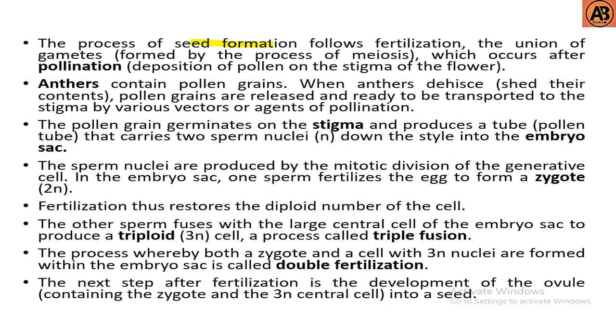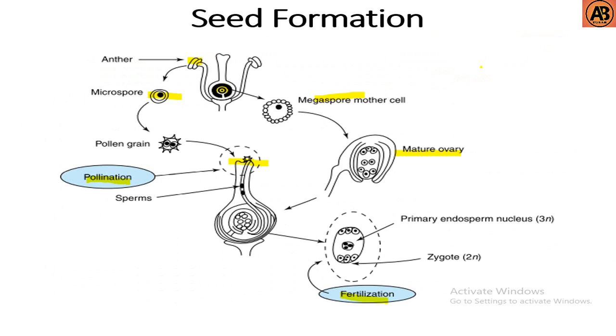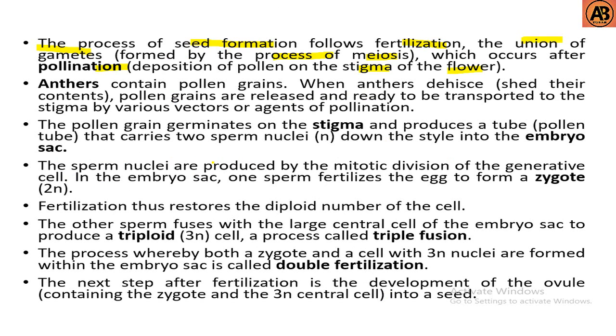The process of seed formation follows fertilization, the union of gametes formed by the process of meiosis, which occurs after pollination, the deposition of pollen on the stigma of the flower. Here you can see that pollen grains are deposited on the stigma, which is known as pollination.